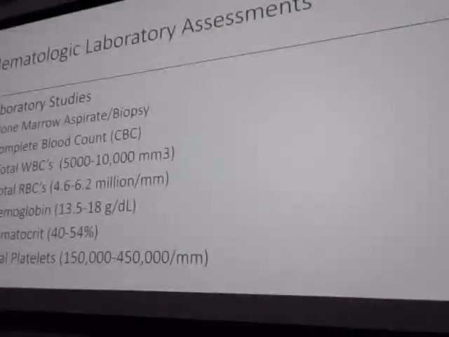PT takes 1.5 to 2 times the control value, so it's a little bit shorter. And the INR is for people that are on Coumadin or warfarin. It's more of an oral anticoagulant than an IV anticoagulant like heparin.